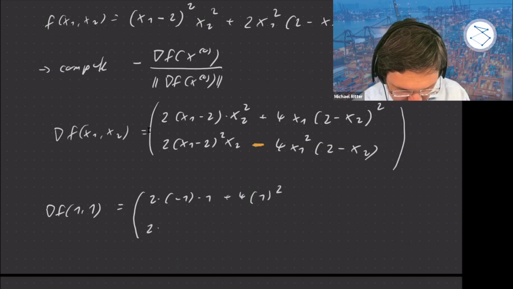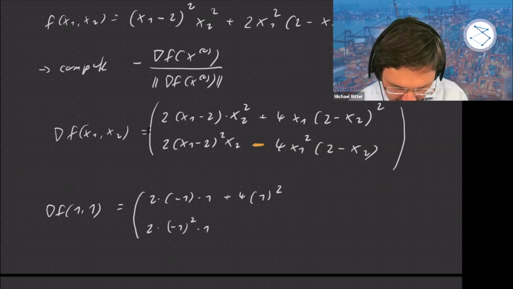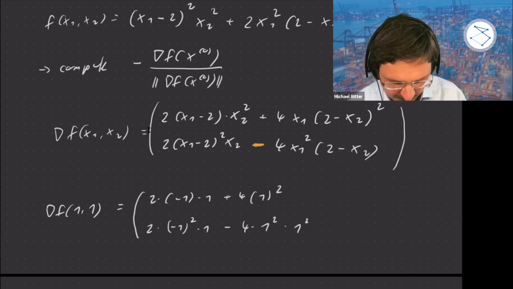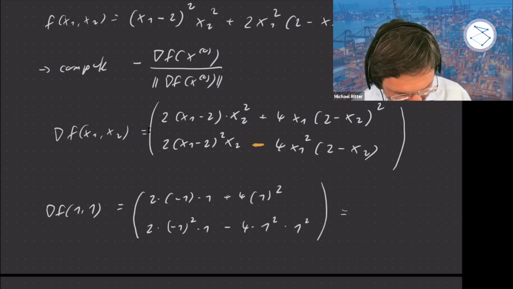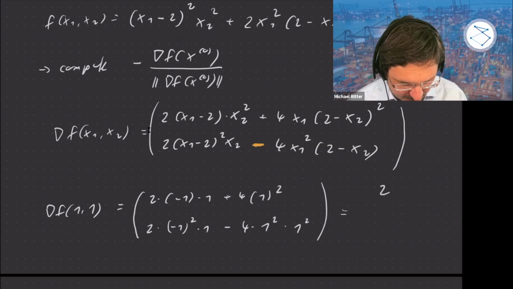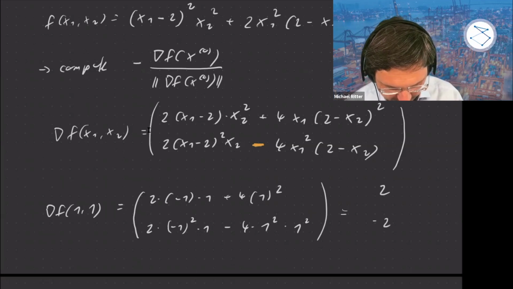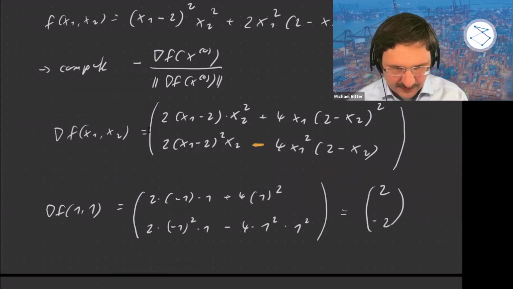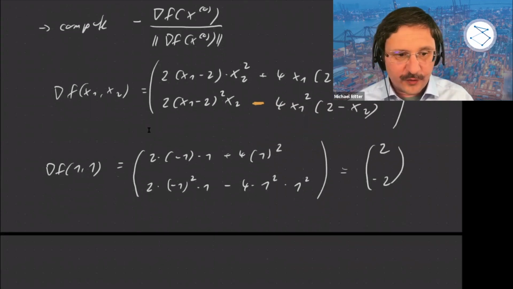And here we get 2 times (-1) squared times 1 minus 4 times 1 squared times 1 squared. So that is, let's see, -2 plus 4, that's 2. And here we get 2 minus 4, that's -2. Okay, so that is the gradient.